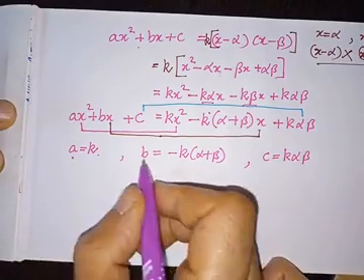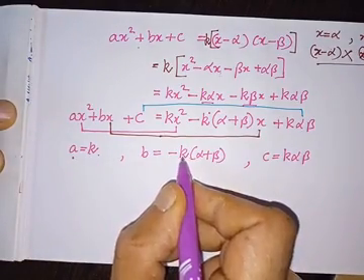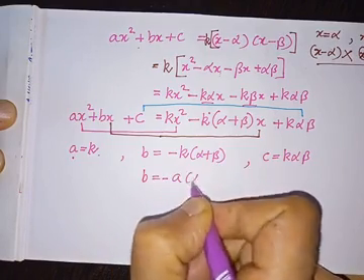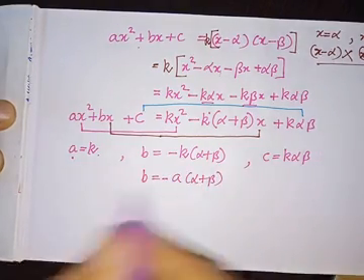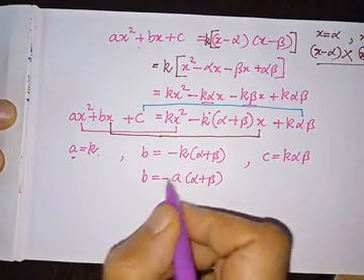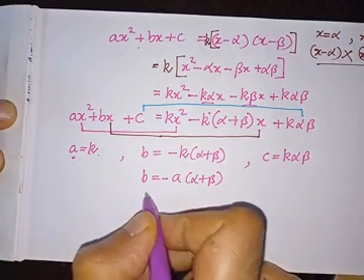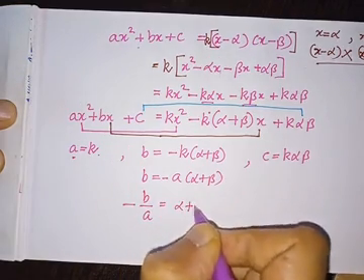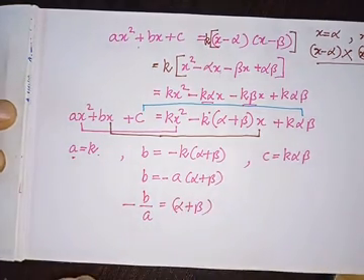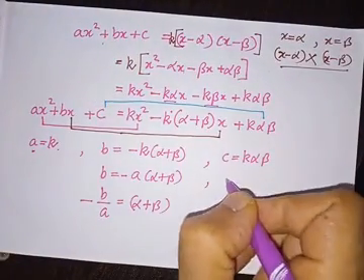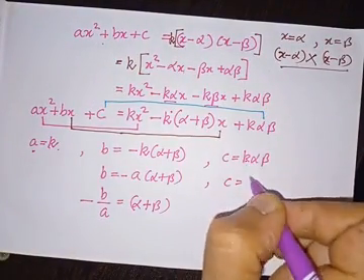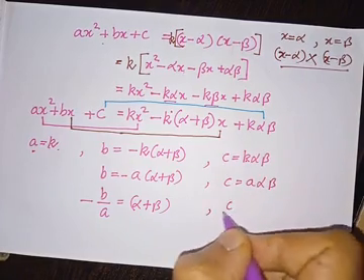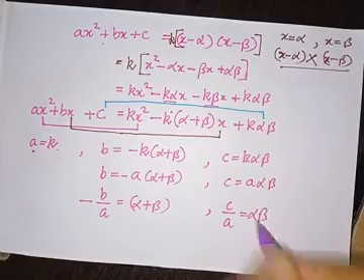So if you substitute the value of k here in b, b equals minus a times alpha plus beta, because k is equal to a. On further solving, we get minus b upon a equals alpha plus beta. Similarly here, k equals a, so c equals a alpha beta, so c upon a equals alpha beta.